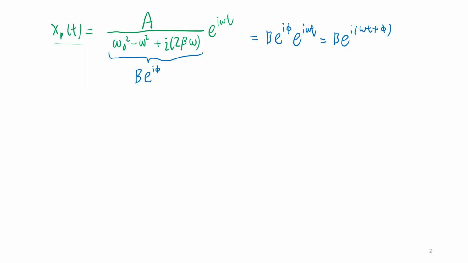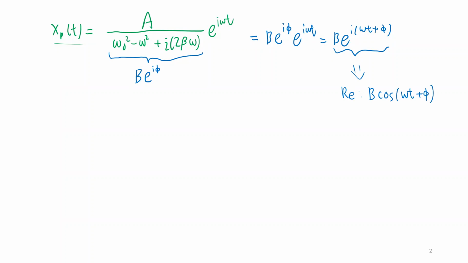This is very nice and neat, because b itself is a real number, so all the complex part is just contained in this exponential term. If you just take the real part of it, it will just be b cosine(omega t plus phi), then you're done. This is your particular solution.